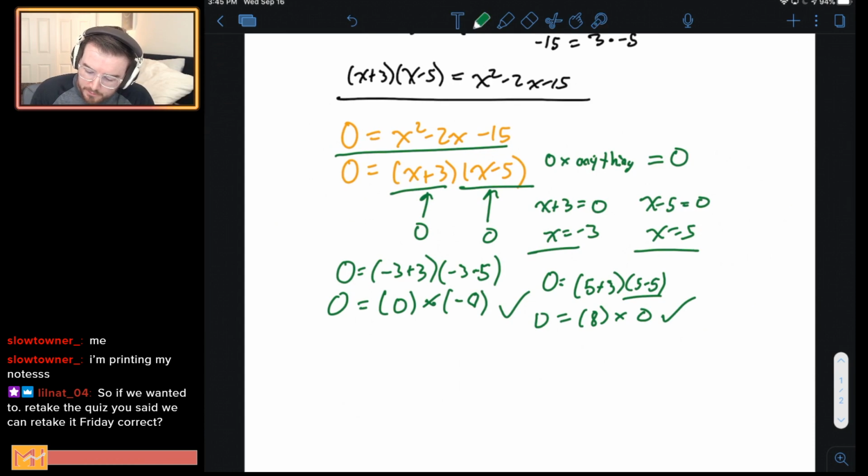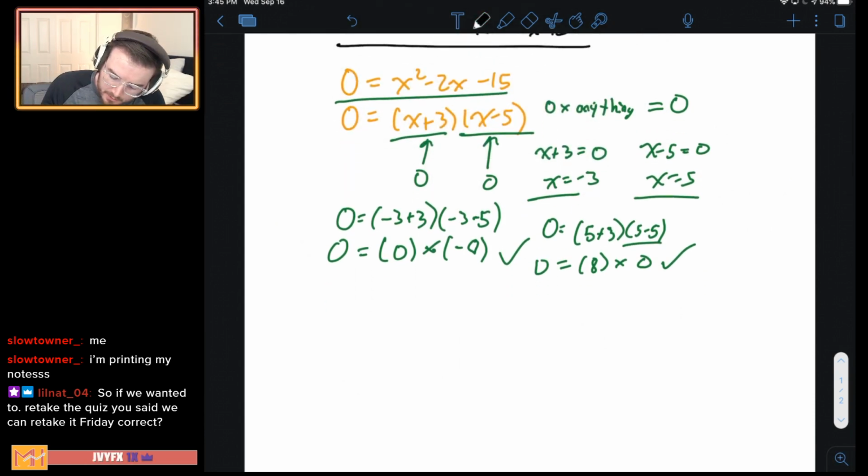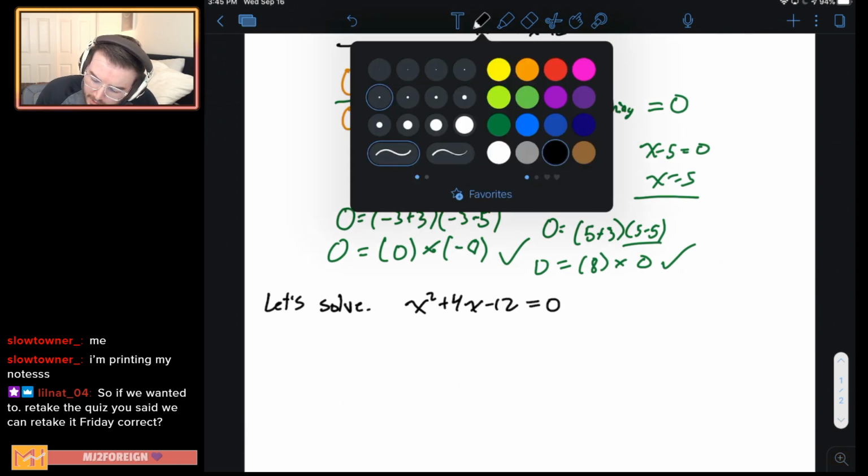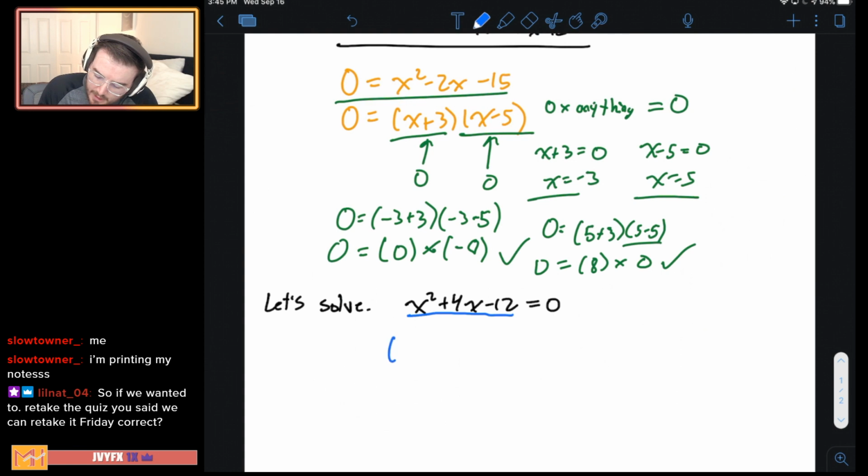So let's give us a whole new problem here. Let's solve x squared plus 4x minus 12 equals 0. We want to rewrite this thing right here as x, something like that, right?